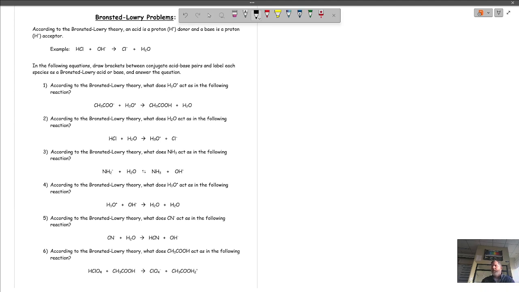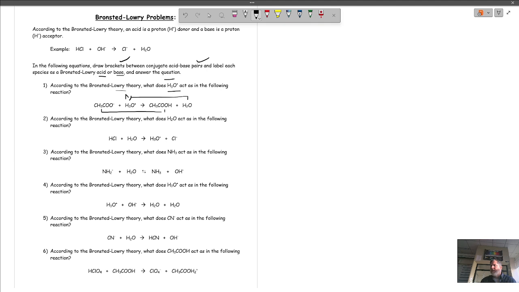Okay. In the following equations, draw brackets between conjugate acid-base pairs. Label each, is it acid or base, and answer the question. What does H3O act as? So first of all, I'm going to connect things that differ by one hydrogen. Now I've connected them. Now I'm going to label them. In the process of H3O going to H2O, it gave up a hydrogen, so it's a hydrogen donor.